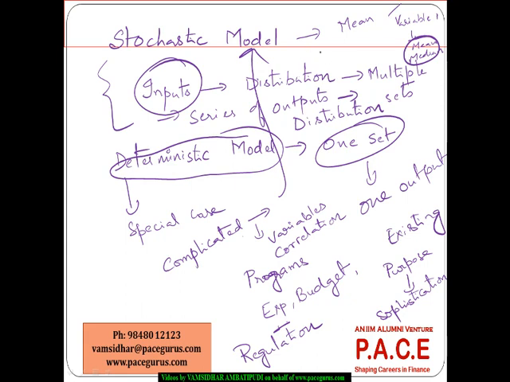That becomes a deterministic input because one set of values is taken for each of the variables. With that one set of values, they test the model, and that becomes a deterministic test. So the model is built stochastically, but the testing is done deterministically. That's a better combination that can very well come out in the use of a particular model.